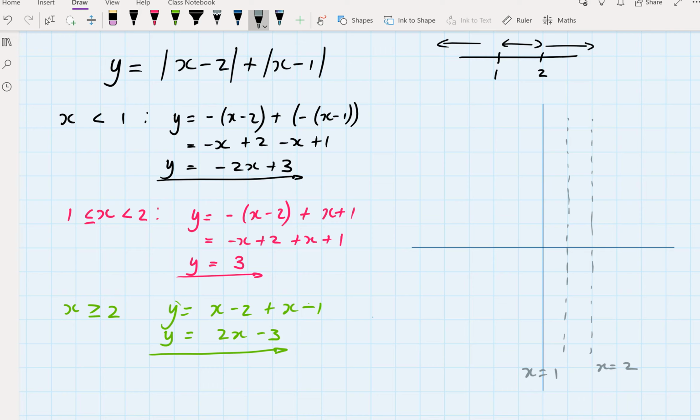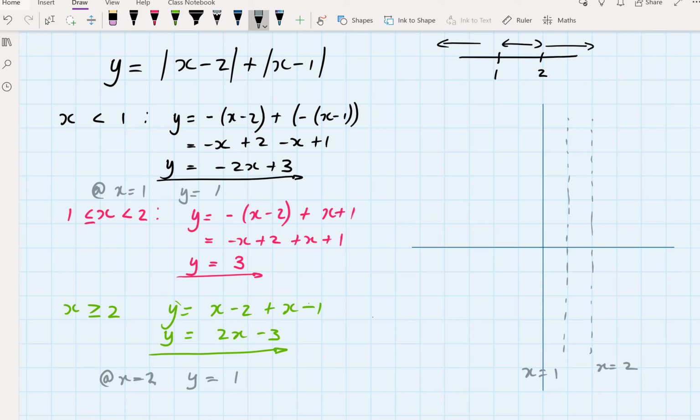Now, at x is equal to 1, y is going to be minus 2 plus 3, which is going to be 1. When we look at our next point, we're going to look at when x is equal to 2, because I want to know what's happening over here. When x is equal to 2, y is going to be 2 times 2, which is 4, minus 1, which is going to be 1.